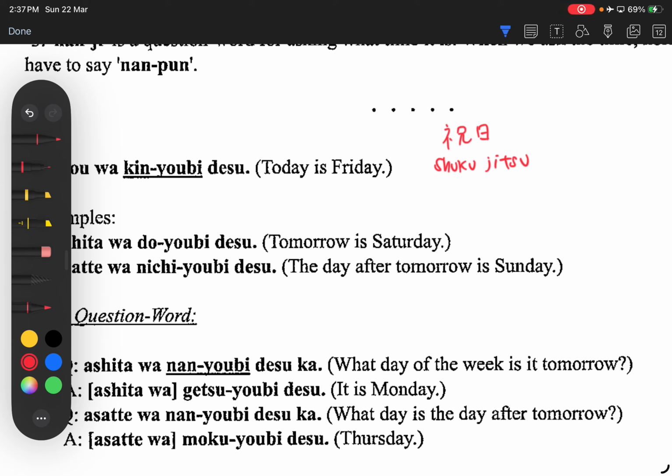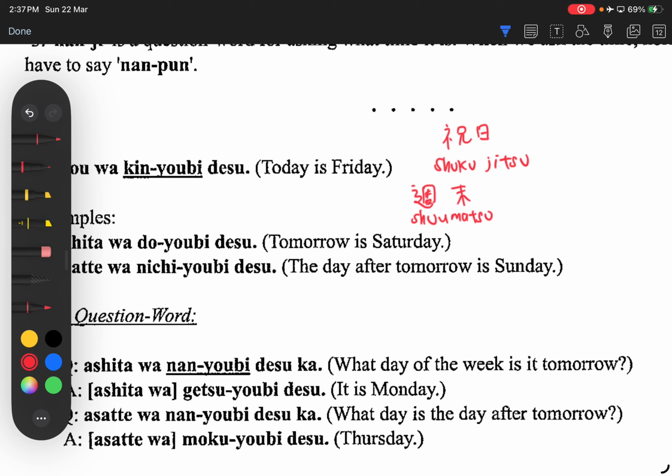And since it falls on a weekend, anybody know what's weekend? Chinese we say 周末. Remember, 1 week is 1週, 2週. 週 is week. So 末 means end, so end of the week, 週末.